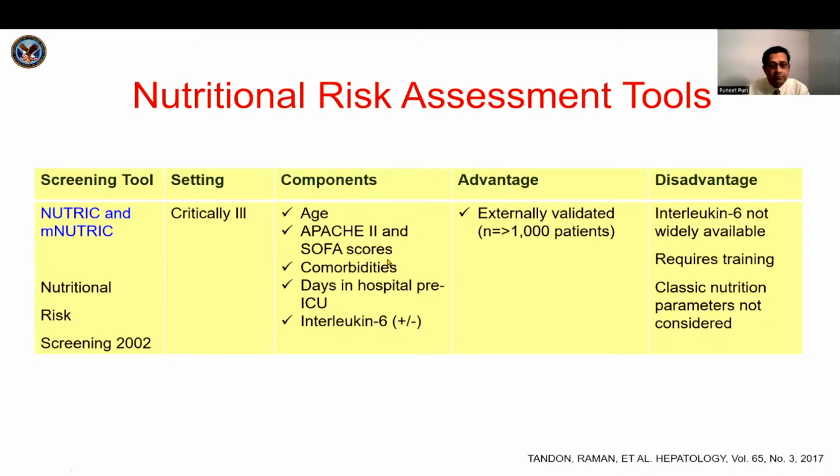This has been externally validated in thousands of patients. The disadvantage is that one of its integral components is interleukin 6, but in the modified NUTRIC score that is taken out. It does require some training, and as I mentioned, the classic nutrition parameters are not considered in this score.